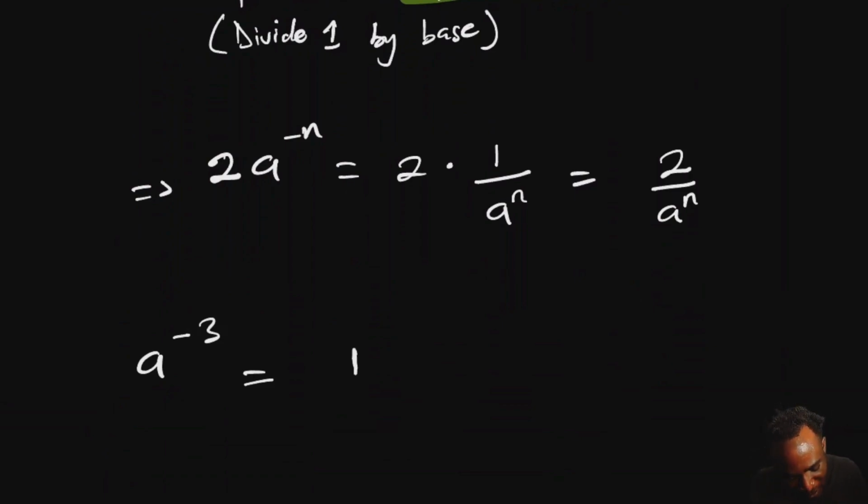So we divide 1 by the affected base. And what's our affected base over here? Our affected base is a. We divide by the affected base, and then we make the exponent positive. So the positive exponent, we are going to get 3. So this is our final answer: a raised to the power minus 3 is the same as 1 over a raised to the power 3.